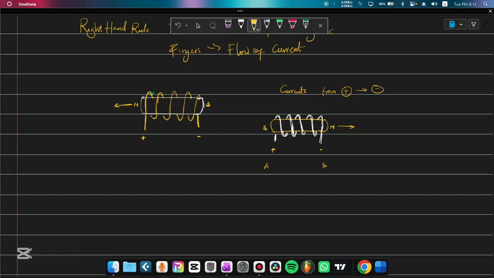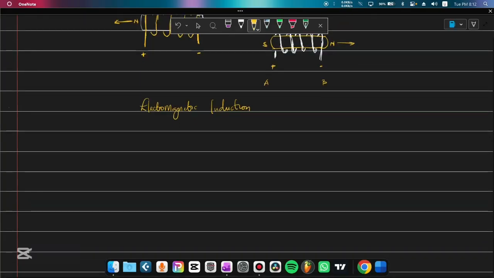Something called electromagnetic induction. What is electromagnetic induction? This concept was first discovered by Faraday. And what did he discover?